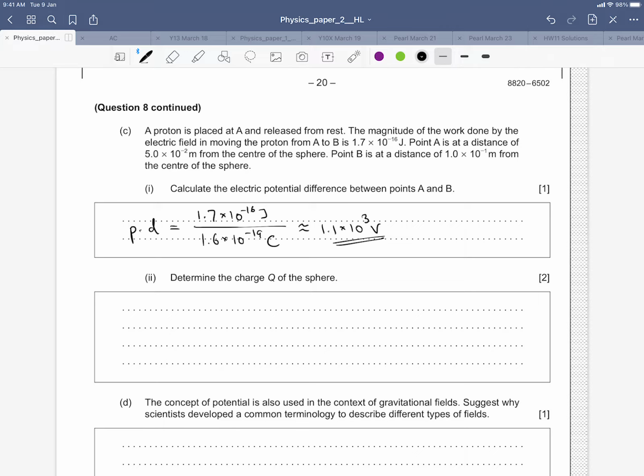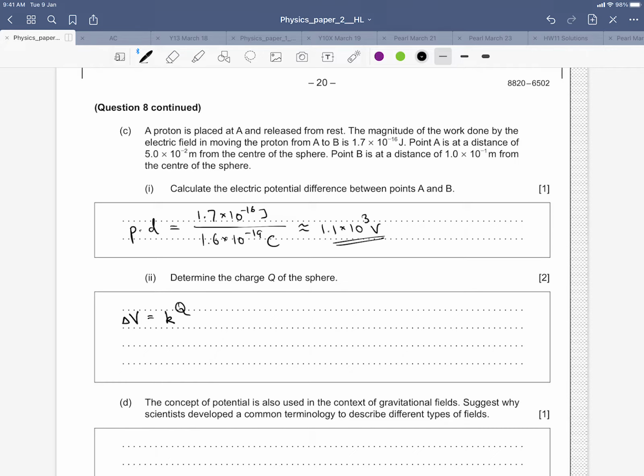We do know that the potential itself is decreasing from A to B. So if you wanted to be very technical and careful, which we're going to be in the next question, then delta V is actually negative. The potential decreased, but this is the potential difference between points A and B. But now we have to be more careful as we determine the charge on the sphere. So let's write down delta V, the change in potential.